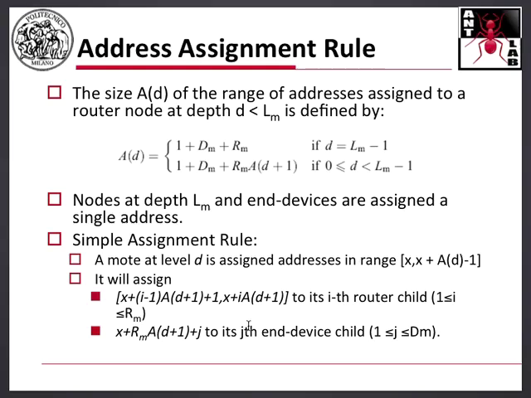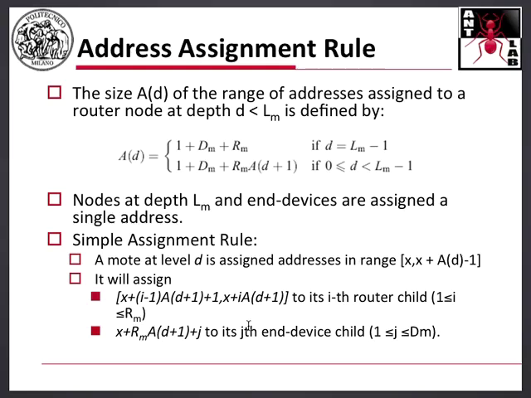Another way: a device at level D of the tree has R of M children which are routers themselves, and each one of these child routers needs a block of addresses which is A of D plus 1. Clear? Questions?